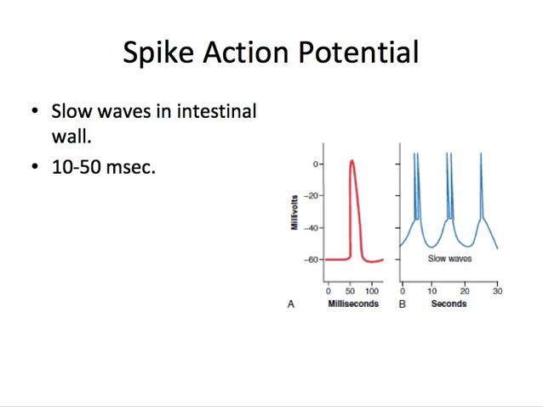Spike action potential is the typical smooth muscle action potential. A single spike can be elicited by an external stimulus or repetitive spikes by slow waves, as in the intestinal wall. And the duration of spike action potential usually is from 10 to 50 milliseconds.